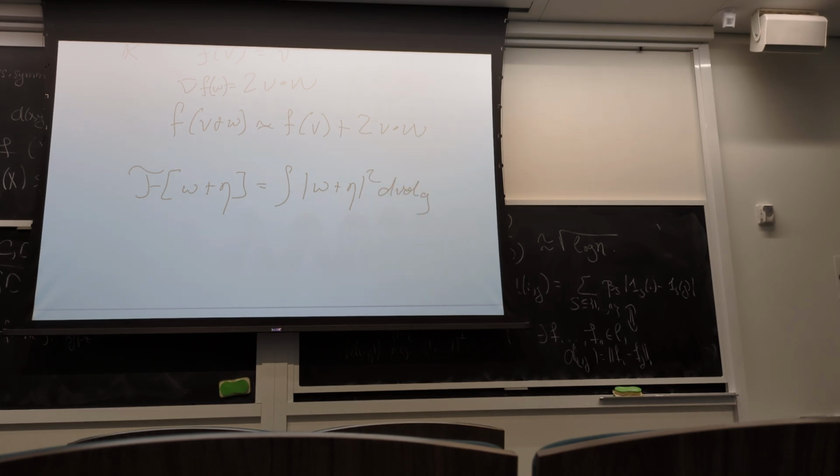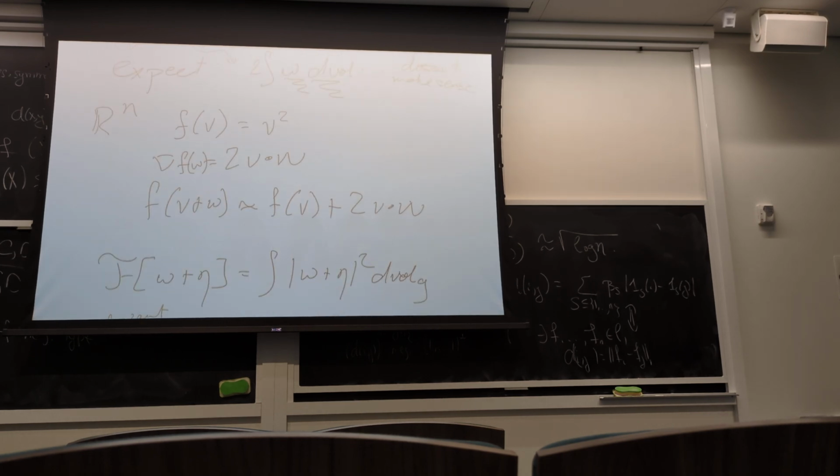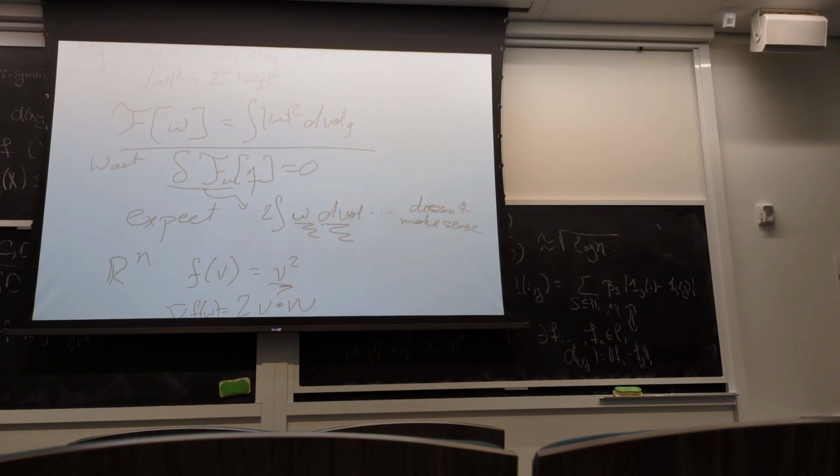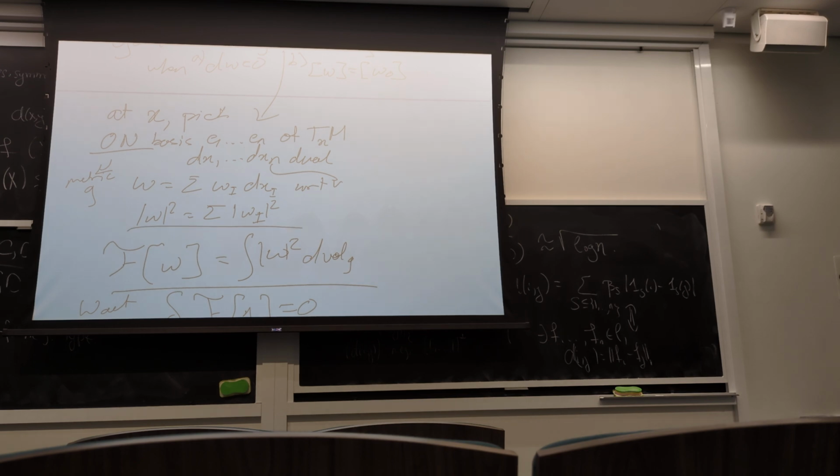And I guess what you would want is that this is approximately equal to f of omega plus some sort of 2 times the inner product of omega and theta. So the point is that over here when we say norm squared, we define norm squared from an inner product. But over here we have this weird definition of the norm squared.